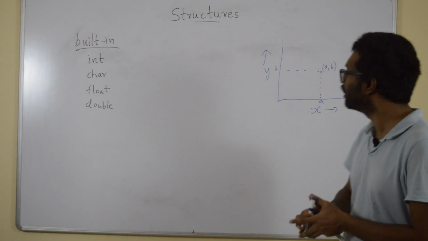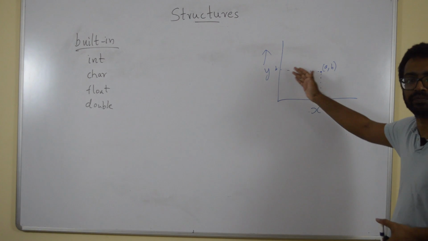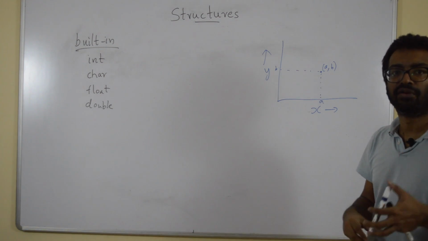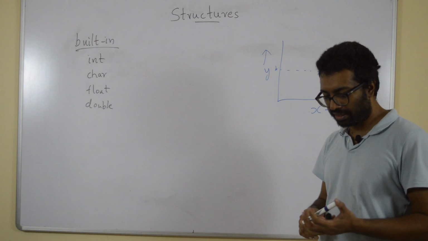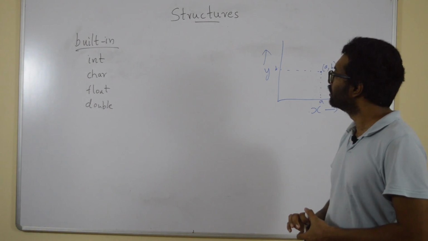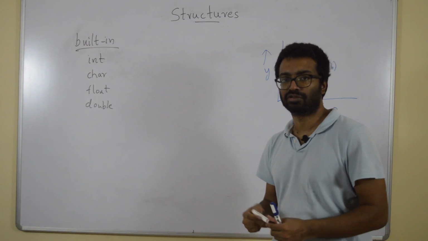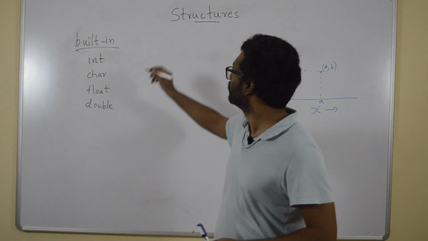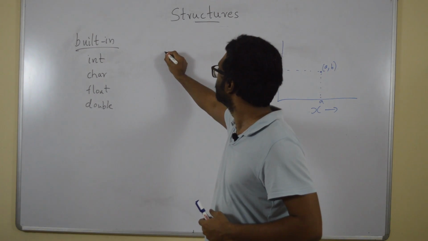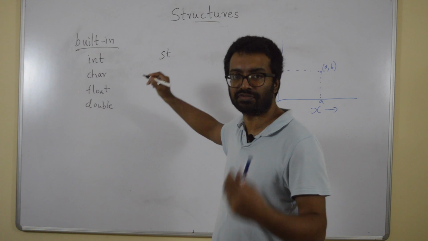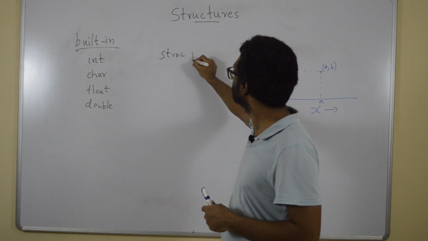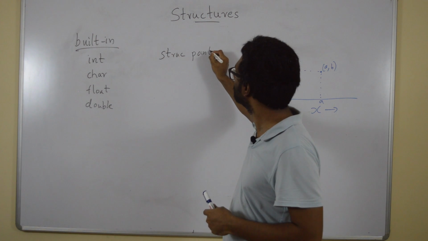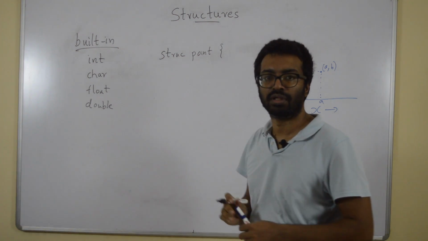So let's assume that these XY coordinates are going to be of float type. So A and B can be some float. In that case, the structure I am interested in, I am going to call it point. So the structure I am interested in will be defined as follows. You will write struct point with the braces.